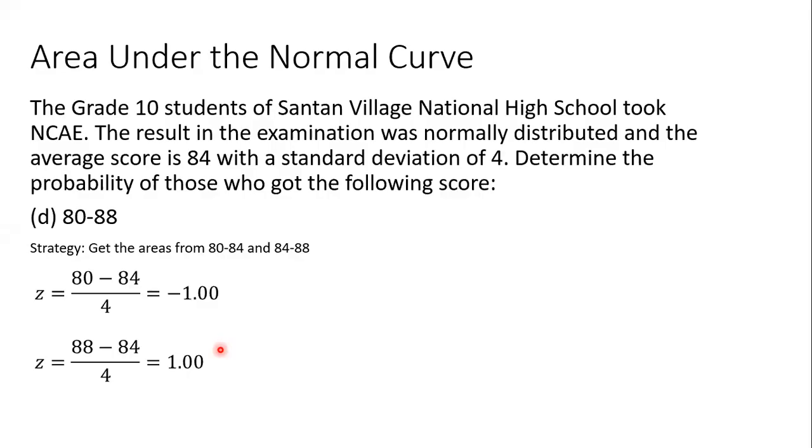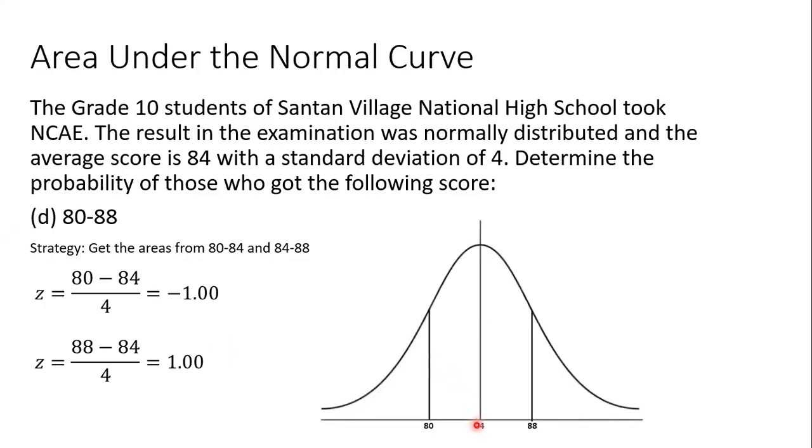So we are now illustrating the graph. So the distance from 84 to 80 is the same as the distance from 84 to 88. That's why they have the same value numerically for z-score 1 and z-score 2. So the area corresponding to 1.00 is equal to 0.3413, as well as the other one from 84 to 88 that is also 0.3413.